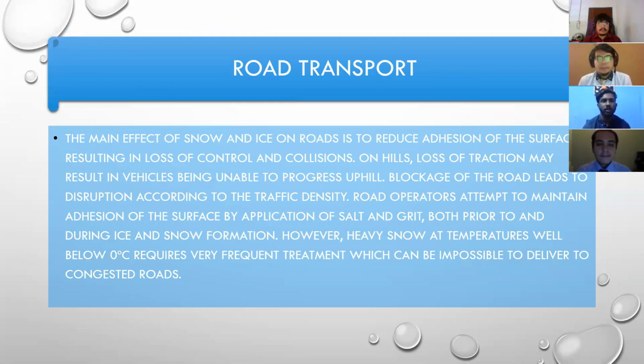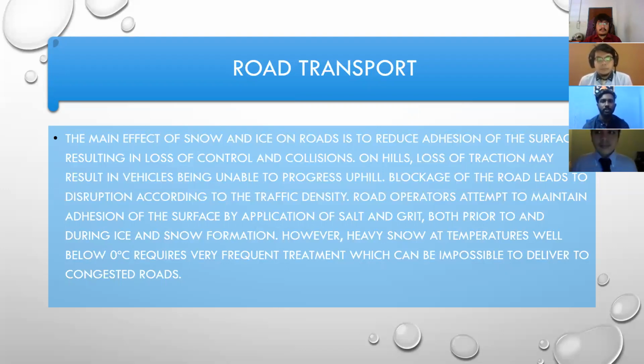Road transport. The main effect of snow and ice on roads is to reduce adhesion of the surface, resulting in loss of control and collision. On hills, loss of traction may result in vehicles being unable to progress uphill. Blockage of the road leads to disruption according to the traffic density.